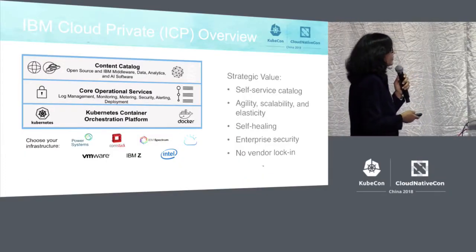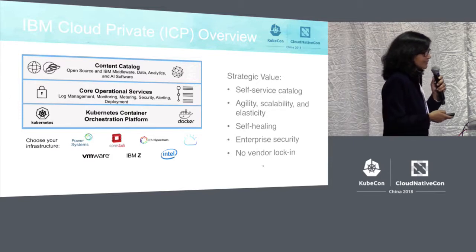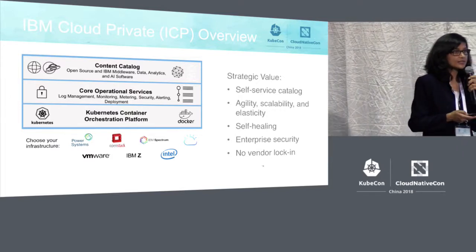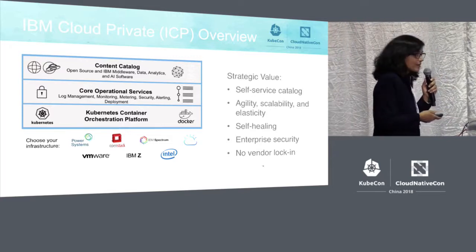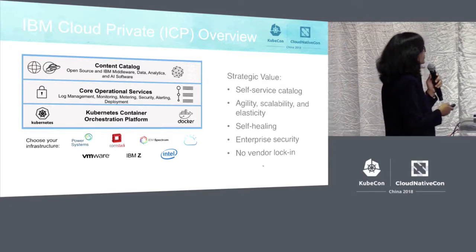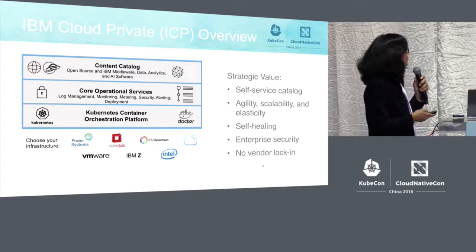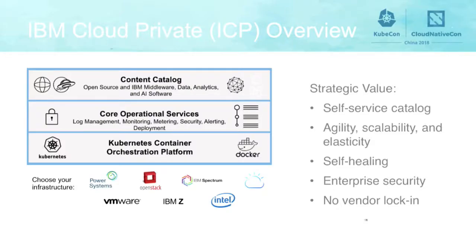Security is enabled end-to-end. I touched on a slide where I called out certs, enabling TLS, RBAC. That's all covered through the model that we provide in Cloud Private. Alerting, Prometheus-based alerts. Deployment, we use Helm for our deployment.